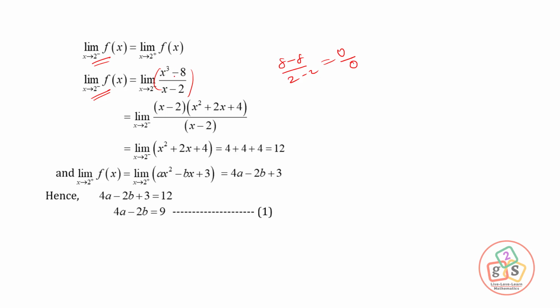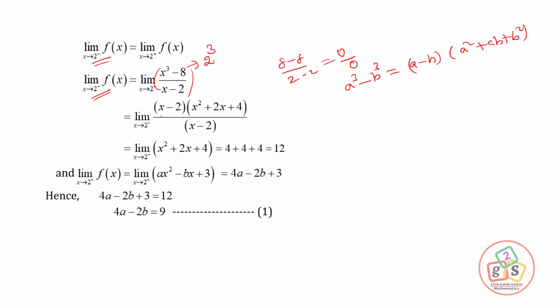For the numerator we can use the formula a cube minus b cube, which is a minus b into a square plus ab plus b square. Using this formula we can expand. 8 is nothing but 2 cube.